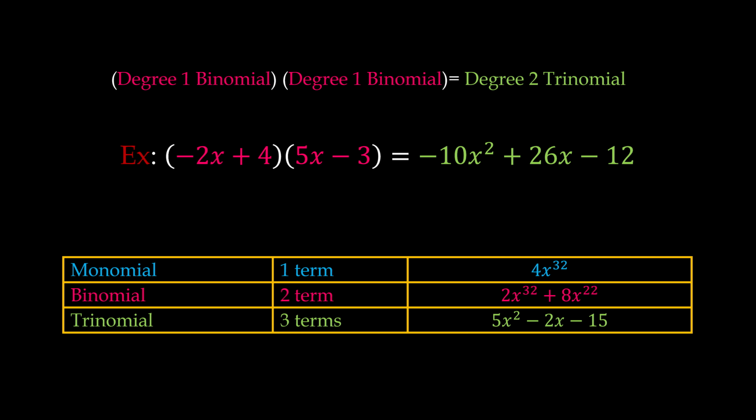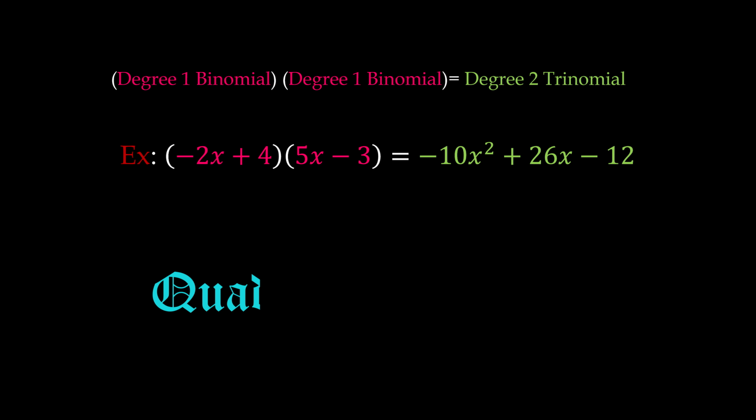When we multiply two binomials with a degree of 1, it always results in a degree 2 polynomial, more commonly known as a quadratic function.